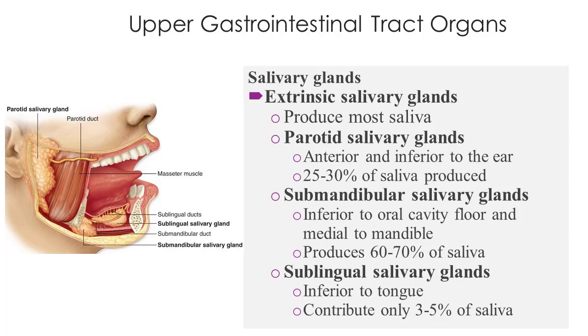And then lastly, contributing just a little bit, just inferior to, we think of it as under the tongue, that is going to be our sublingual salivary glands, maybe in the single digits as far as salivary production. So those are our three principal extrinsic salivary glands.